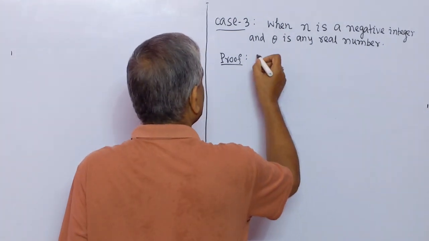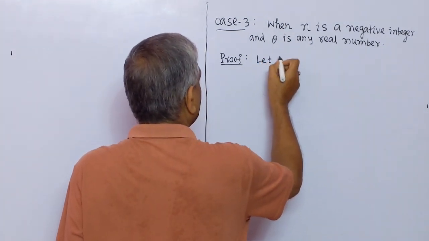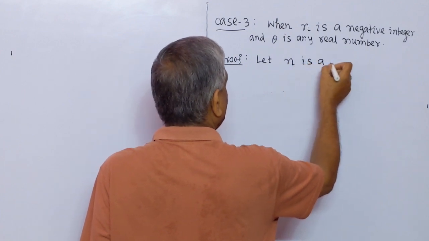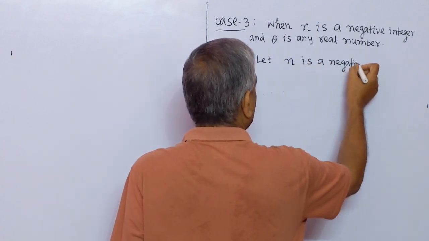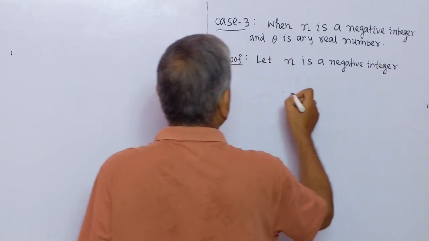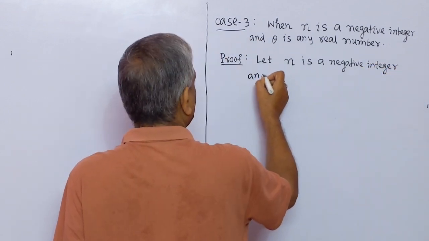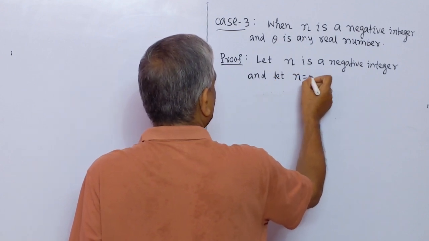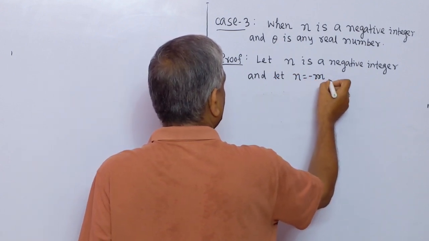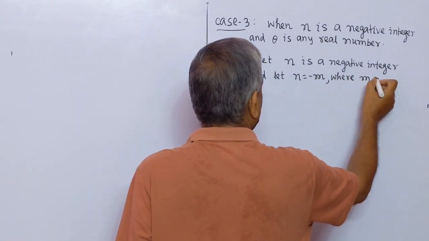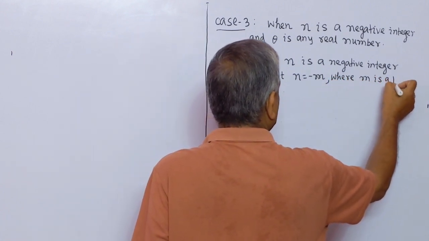Let n is a negative integer and let n equal to minus m, where m is a positive integer.